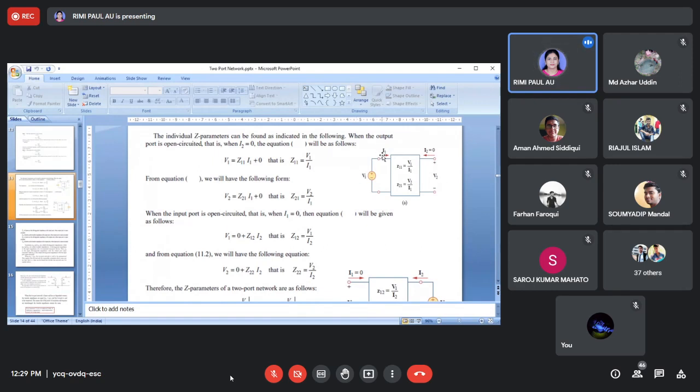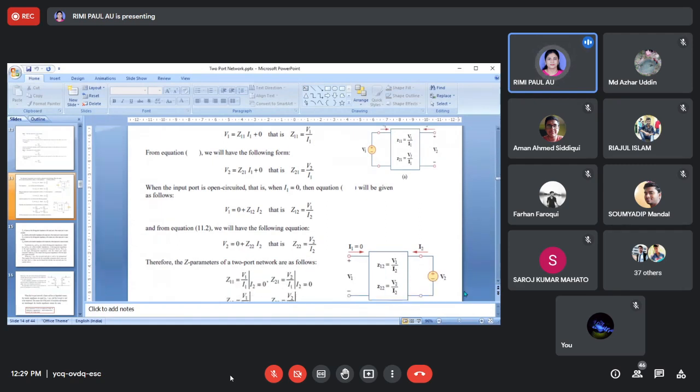The next case is that we are giving supply voltage V2. Due to supply voltage V2, current enters this network. Now the input current is 0 because the input port is now open circuited.